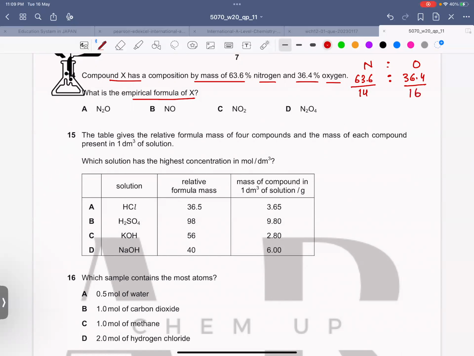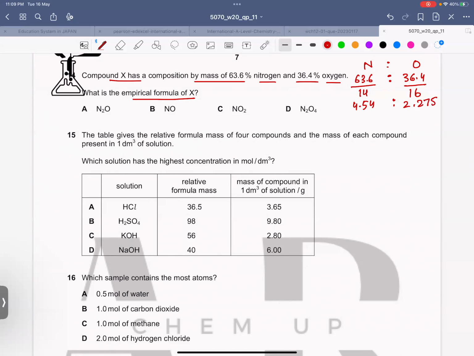So can any one of you divide and tell me the answer? Nitrogen is 4.54 and oxygen is 2.275.